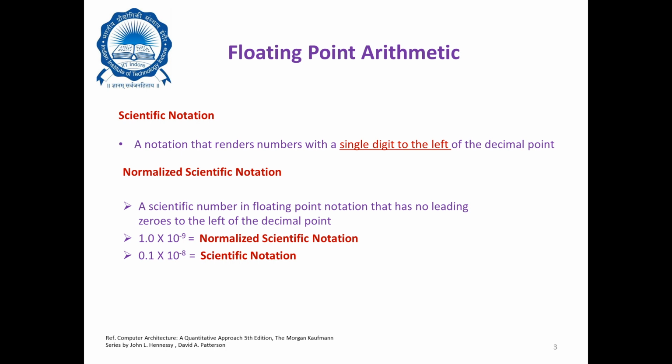Because we don't have leading zeros to the left of the decimal point. On the contrary, 0.1 into 10 to the power minus 8, which is the same representation of the above number, you see that there is a leading zero. So we will not call this as normalized. We will call this as scientific notation.